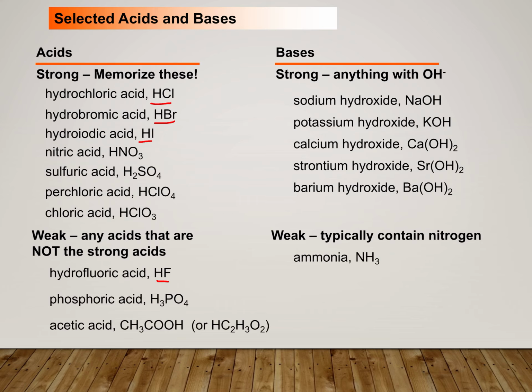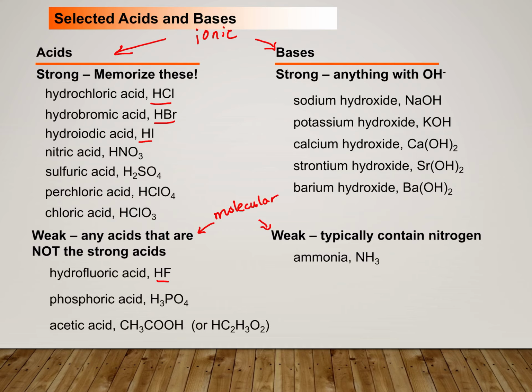And the reason that we care if we have strong acids or weak acids or strong bases or weak bases is because strong acids and bases will break apart. These we will treat as ionic compounds when we are doing these reactions. And weak acids and bases we will typically treat as molecular compounds.